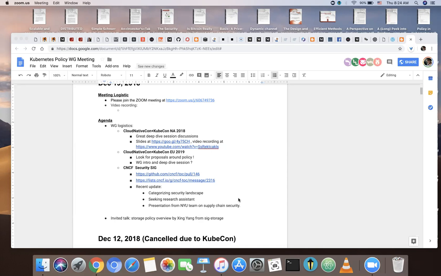Because policy description is domain specific, right? If you want to apply policy in network or storage, the description will be totally different because the environment is different.